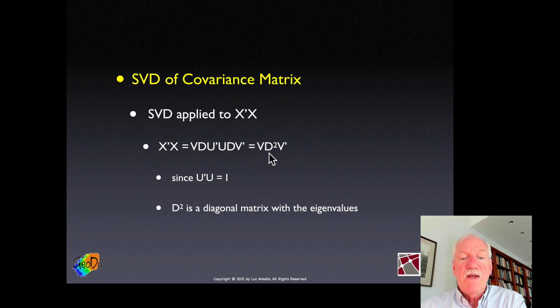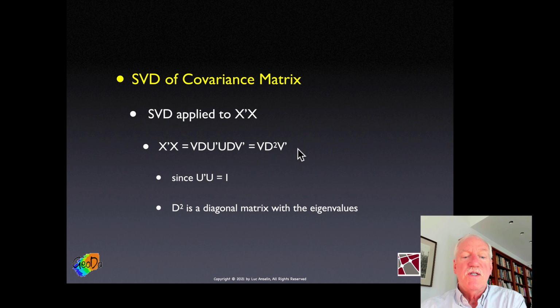This looks exactly like the spectral decomposition that we had for X prime X. And in fact, it is the spectral decomposition of X prime X with V as a p by p matrix of eigenvectors and D square as a p by p matrix of eigenvalues. So D square are the eigenvalues.